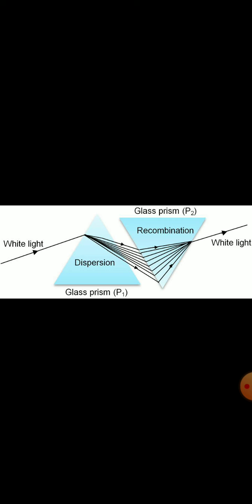Again, that spectrum of colors he used further. And when that band of colors was incident on another prism, he did not get a band of 7 colors. Instead of that, he got white light back again.